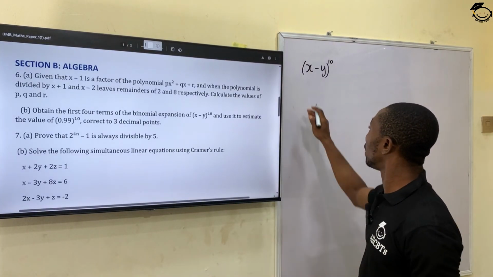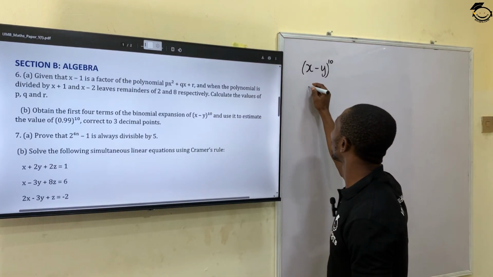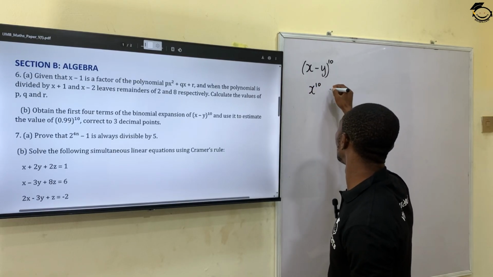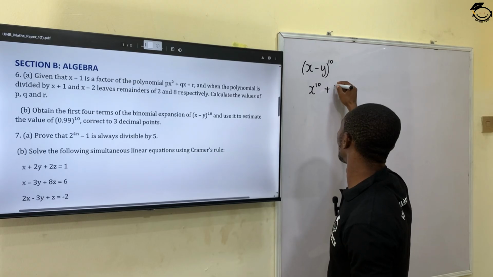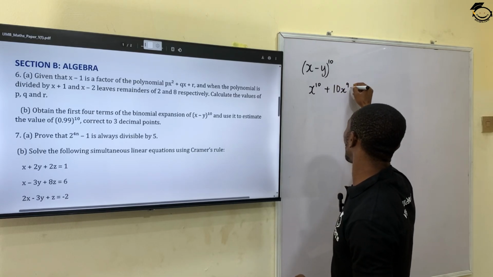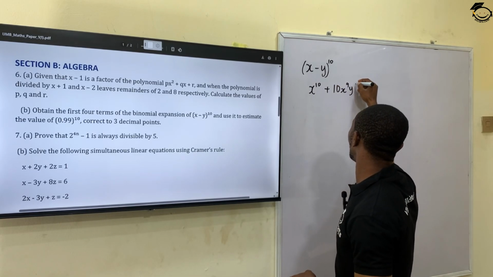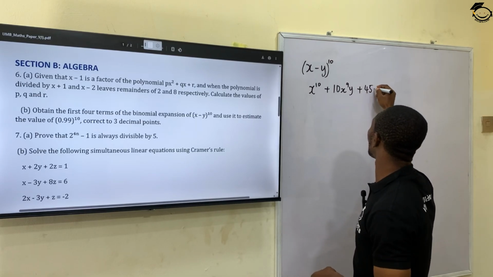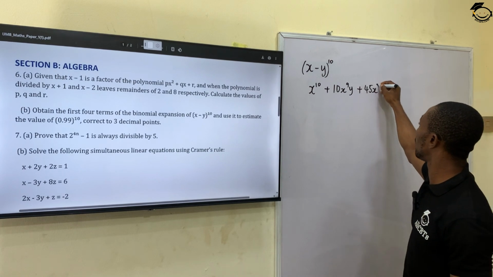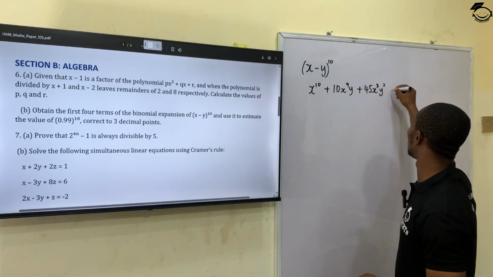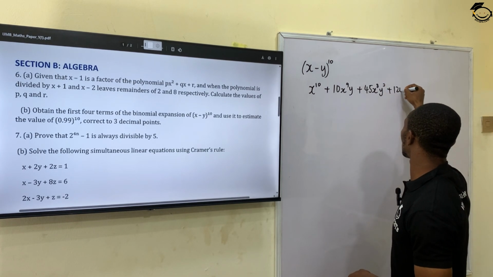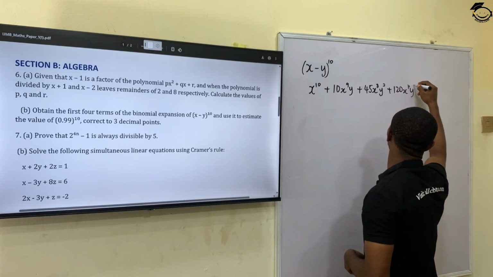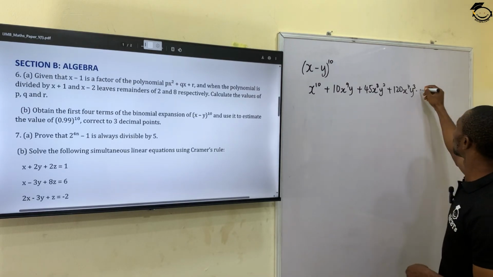All right, now in expanding this, we are going to have our x raised to the power 10 plus 10x raised to the power 9 y raised to the power 1 plus 45x raised to power 8 y raised to power 2 plus 120x raised to power 7 y raised to power 3, and so on and so forth.